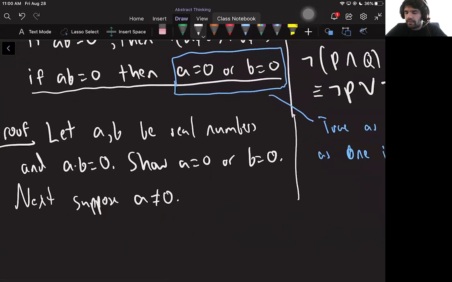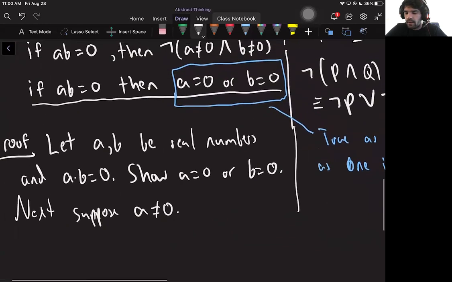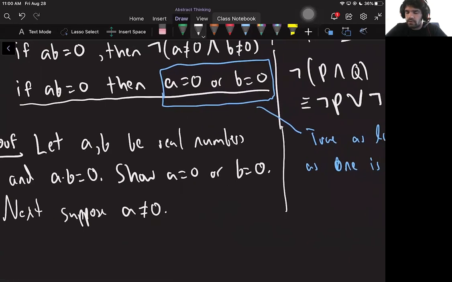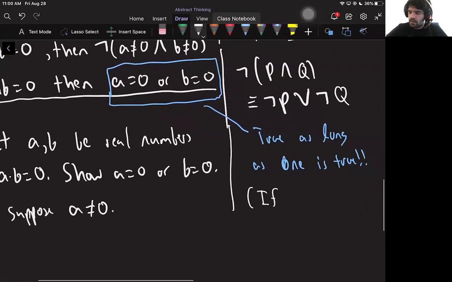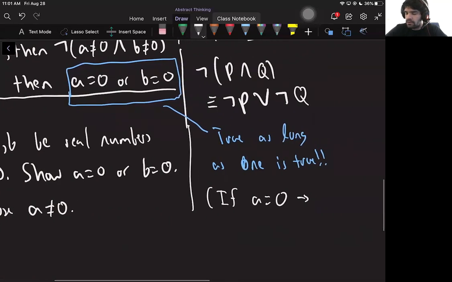And that is okay, because what's the alternative? If it was true that a was 0 already, well, the proof would just be done, because that would mean that the or statement is true.